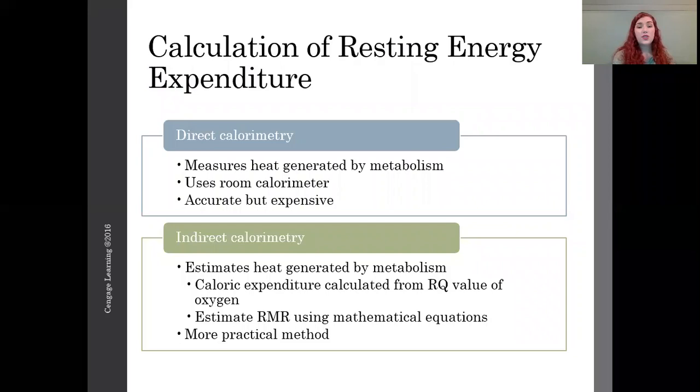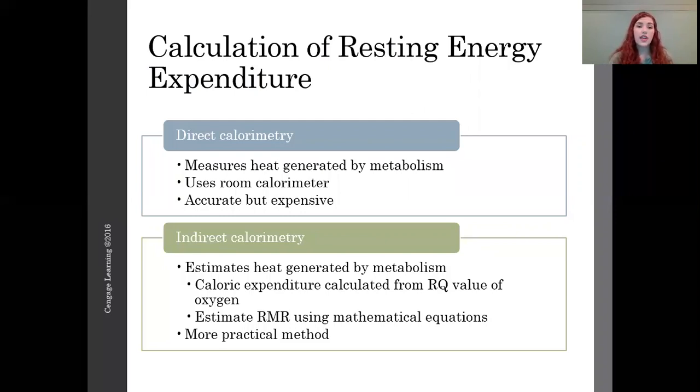We can use one of two methods to calculate RMR. One is direct calorimetry and the second is indirect calorimetry. Both of these are used to measure the amount of heat that is generated by metabolism. Direct calorimetry is an actual measurement, and it uses a room calorimeter, which is a small chamber that will actually measure the amount of heat being produced.